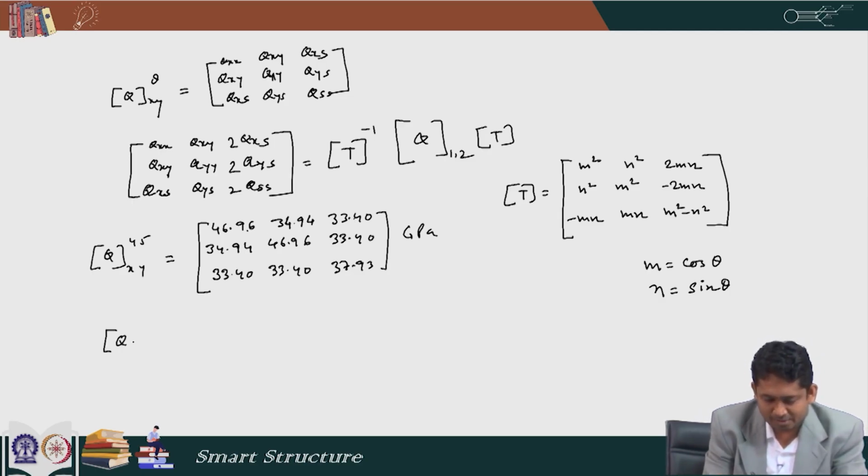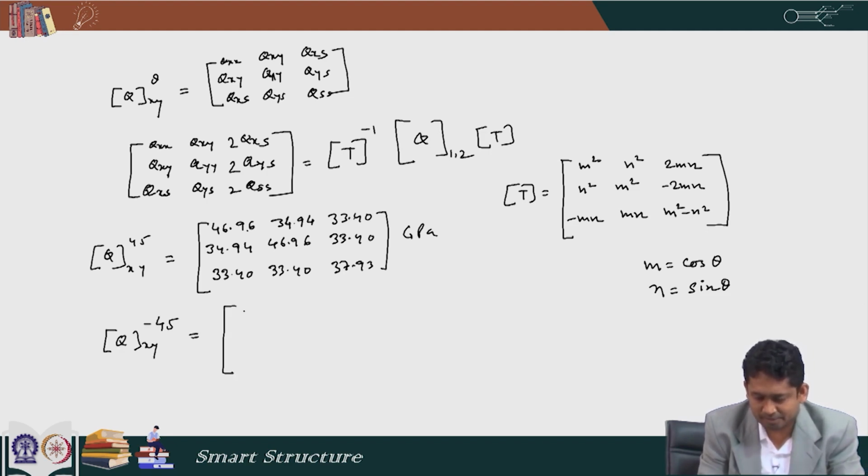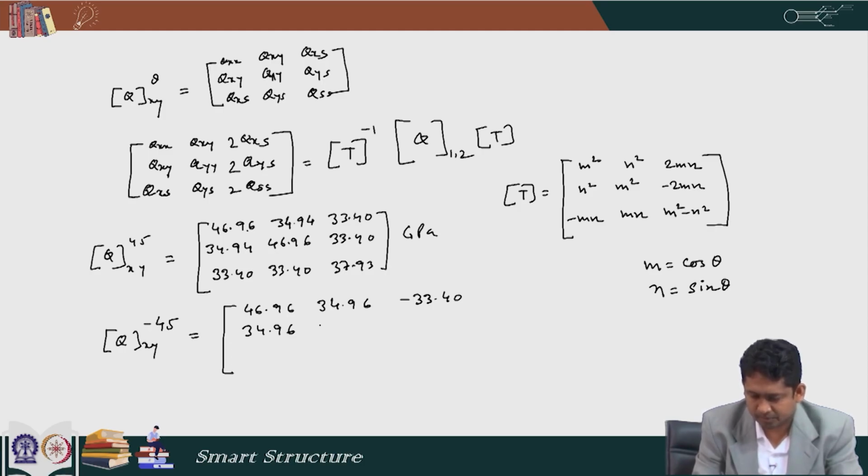If we apply the similar transformation considering it to be minus 45, then our QSS changes.